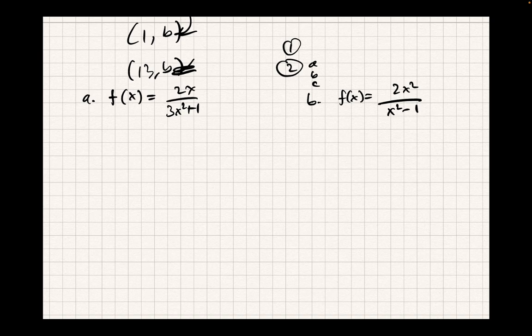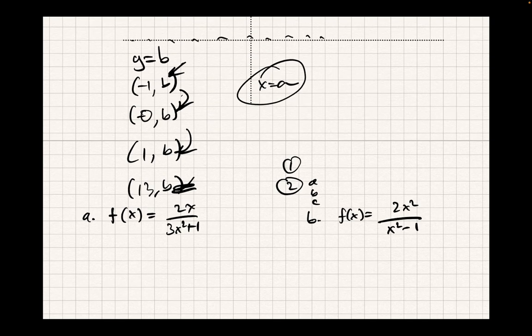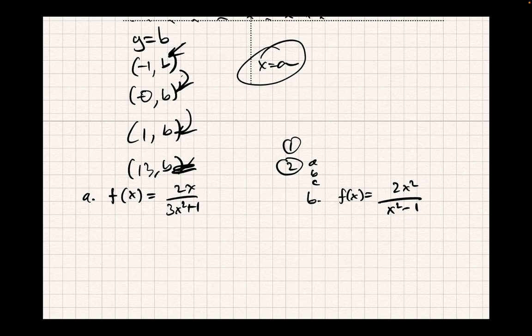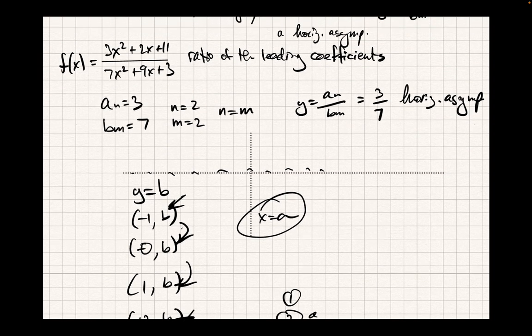Does everything have to have a vertical asymptote? Does every function cross the x-axis? No. If it doesn't cross the x-axis, then it doesn't.